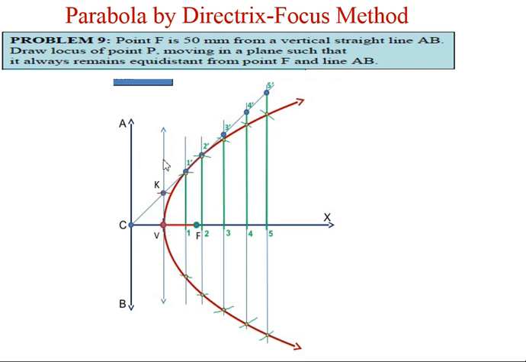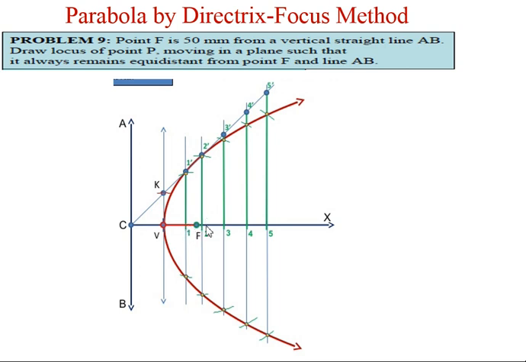Through V, draw a vertical line which will be parallel to the directrix. Then in your compass, take a distance equal to VF and make an arc which will cut this vertical line through V at a point K. Join CK and extend it.